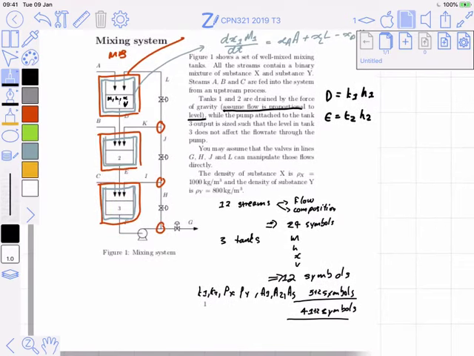When I modeled the system, I didn't use volume balances, I just used mass balances. So I did a mass balance over these. I have 6 mass balances. And I have 3 component balances.